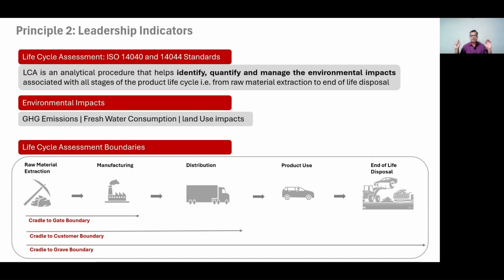It's called cradle to grave. I've shown here the example of a car, how the raw material for the car is extracted, manufactured, it's distributed in huge trucks all over the country. It is used by millions of people in the country, and finally it is disposed of.